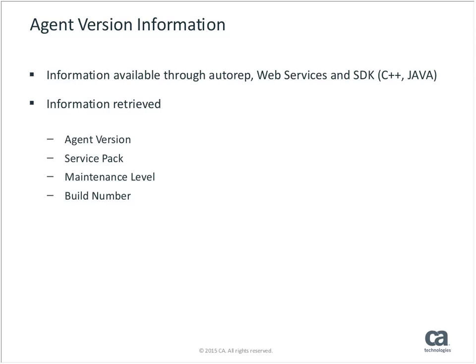Think about it, if you have a large number of agents in your environment, it becomes a very painful exercise. So now through autoping, you can run a command, autoping -m, specifying the machine name, -p, and it will display the agent version information. The version information that we are extracting and displaying is agent version, service pack, maintenance level, and build number.